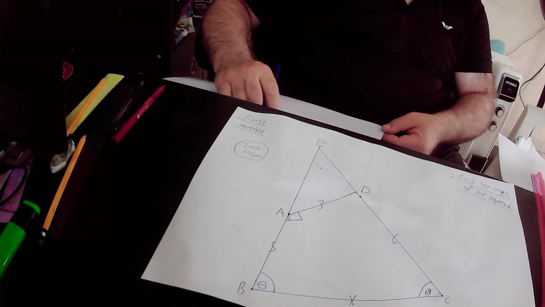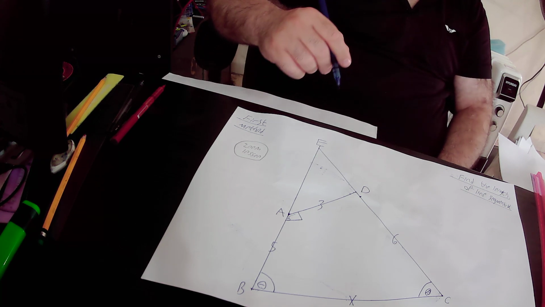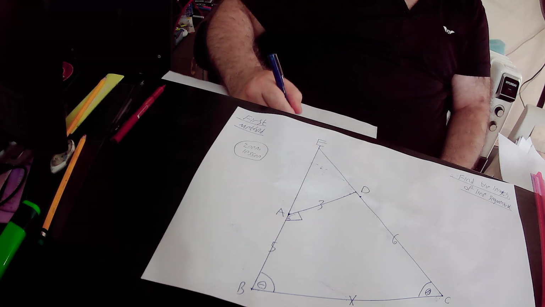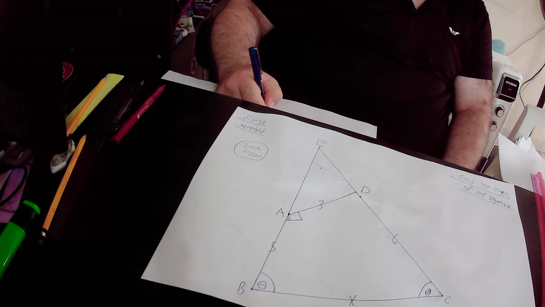Therefore, according to rule number 1, side EB equals side EC.